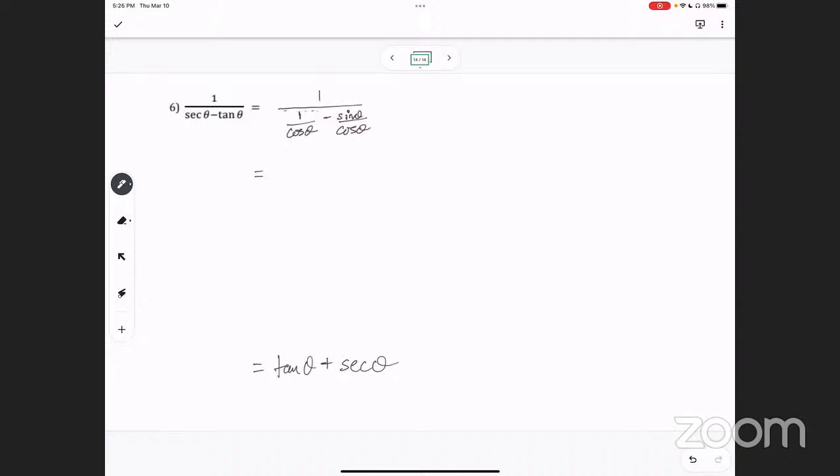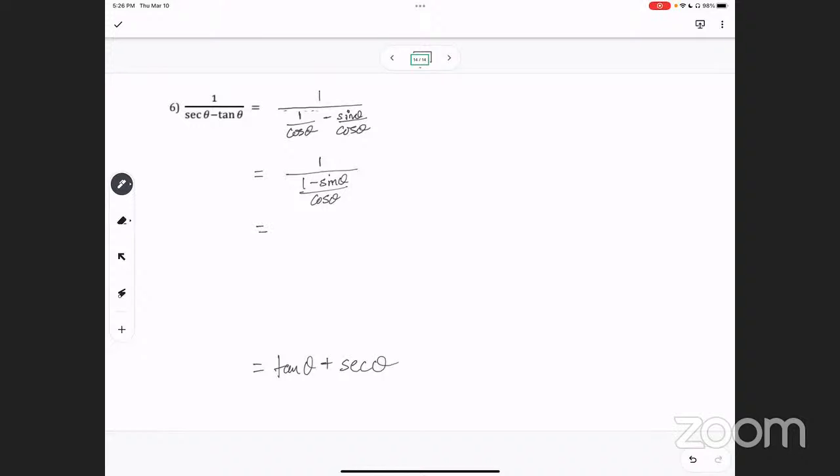Well, next I could combine like terms. So it's going to be 1 minus sine theta over cosine of theta. And don't forget the 1 on the top. So 1 minus sine theta, doesn't that equal just cosine theta?